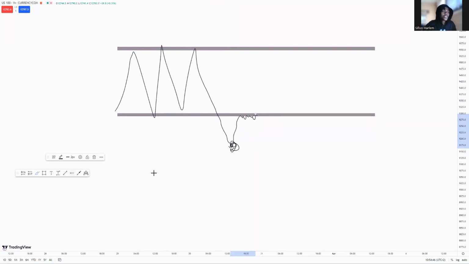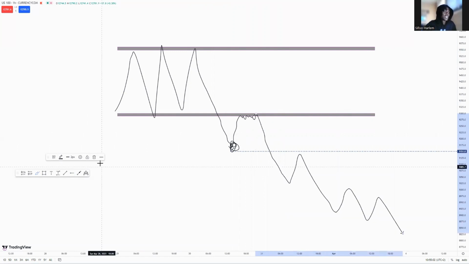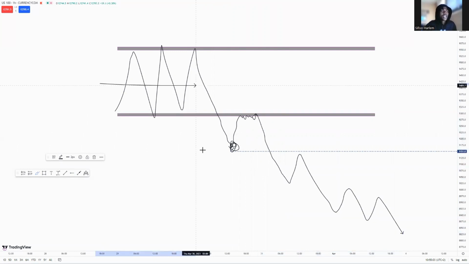The only thing you need to look for is once price trades below the previous lower low, or once price breaks the lower low, look for continuations to the downside. Price was trading support and resistance, closed below support, came back to our support and gave us signs that we are failing to continue to the upside.